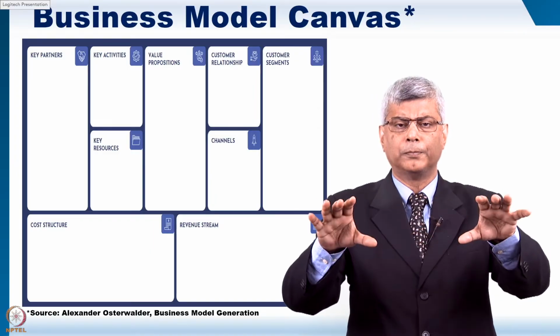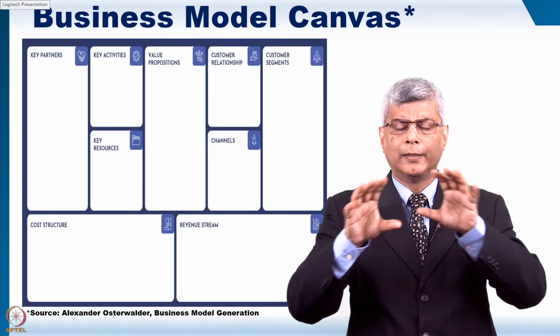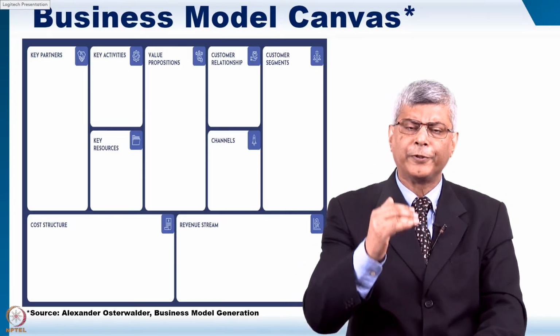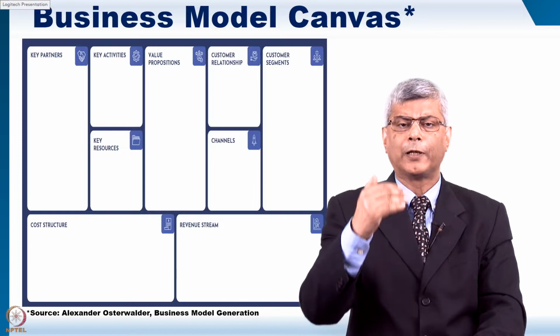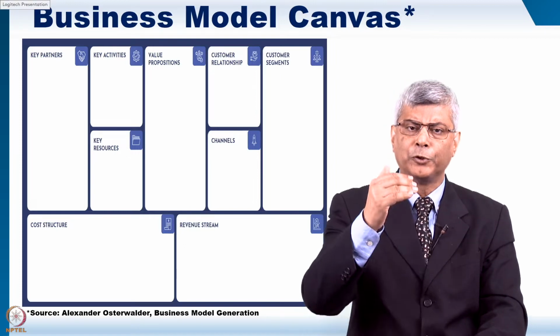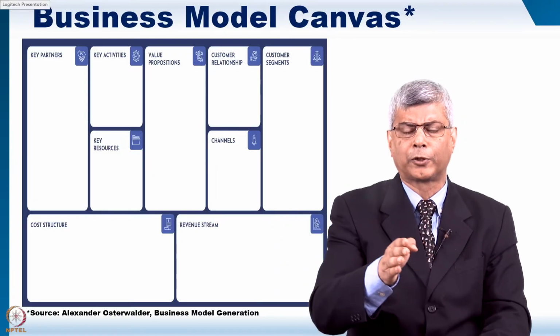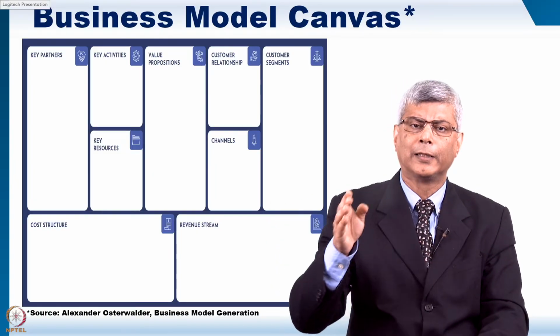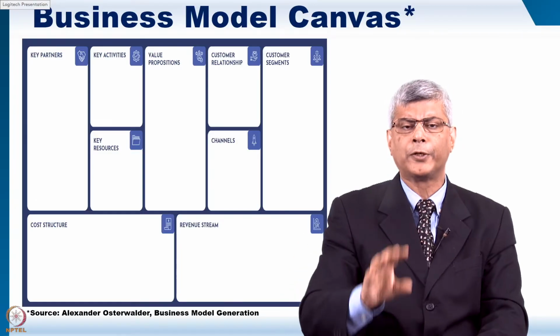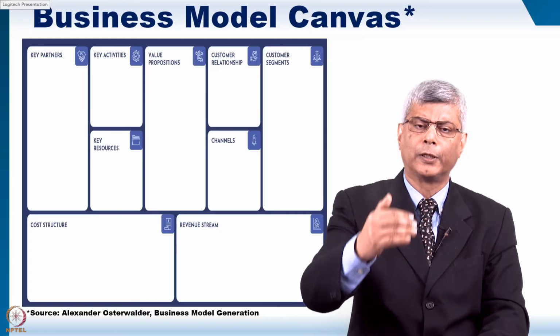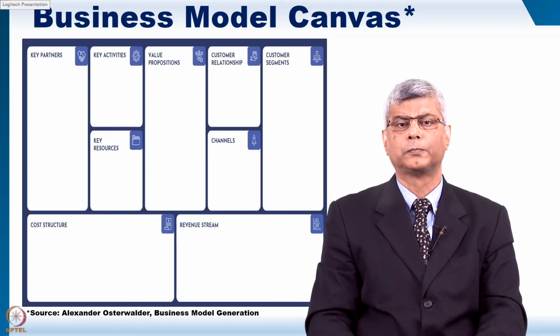And if you look at the bottom, it is basically the financial aspects of the business model. What is the revenue? What's the revenue stream? And the revenue stream is not just one number. It could be over years. It could be across products, brands, categories, geographies, countries. It could be in rupees, dollars, but also units.